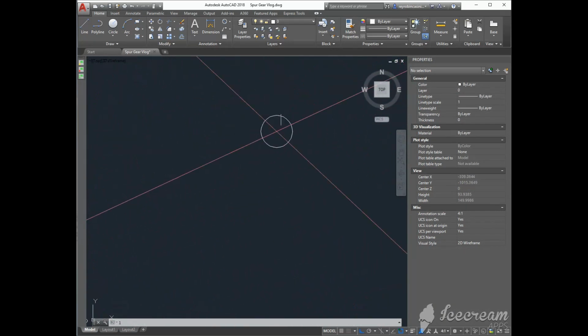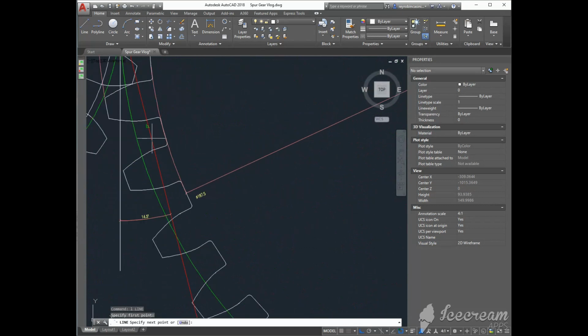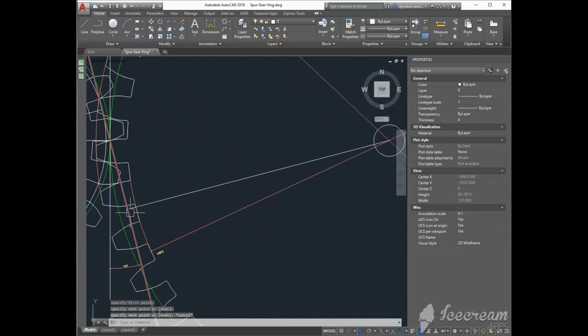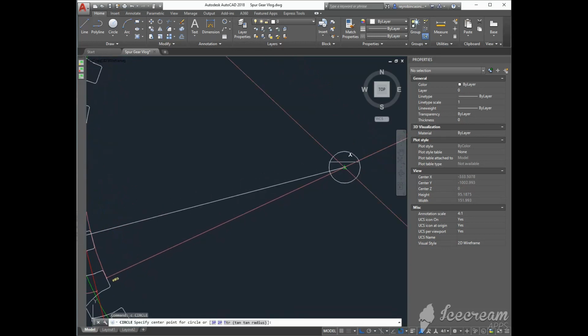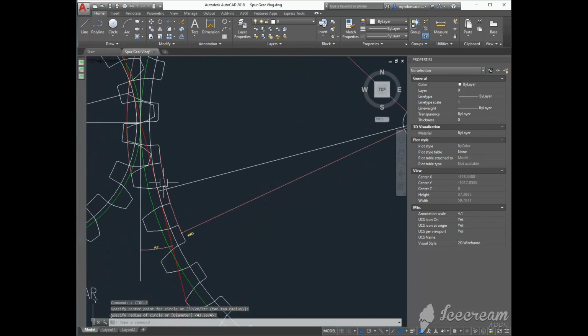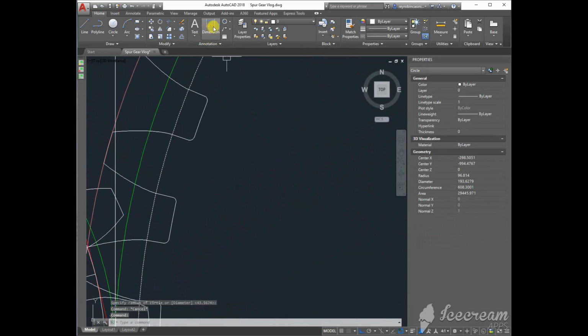Similarly, for the big gear, the base circle radius can be determined by creating a line perpendicular to the line of action from the center of the gear. So if we create a circle to that line, this should now become our base circle.